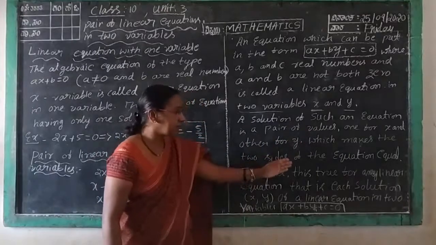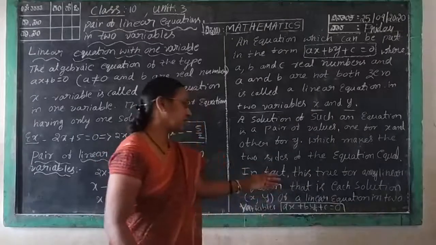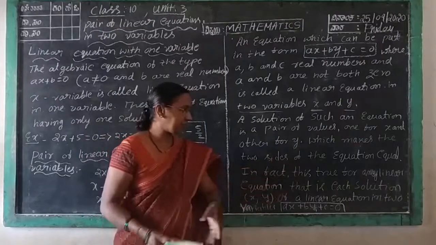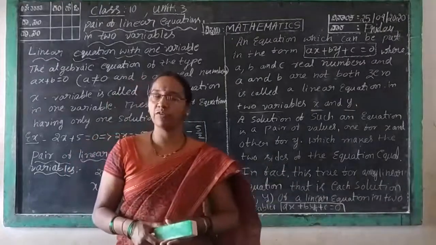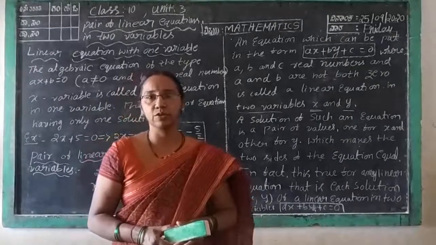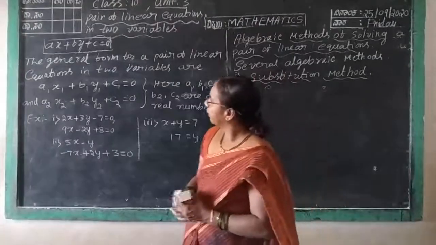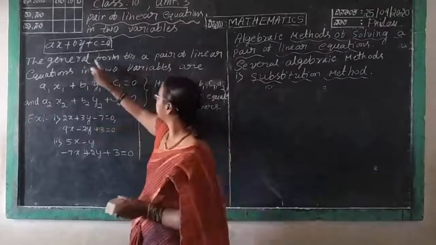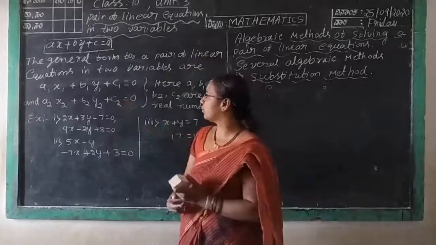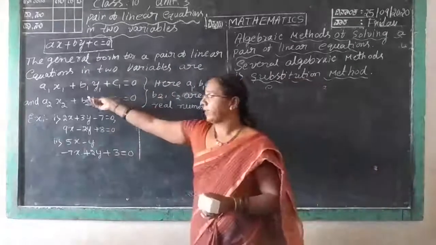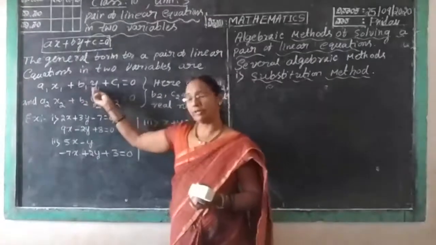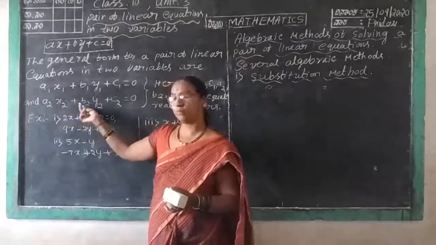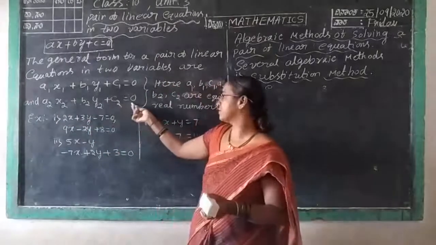In fact, each solution (x, y) of a linear equation in two variables is of the form ax + by + c = 0. The general form of a pair of linear equations in two variables is a1x + b1y + c1 = 0 and a2x + b2y + c2 = 0.